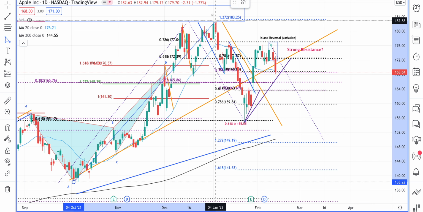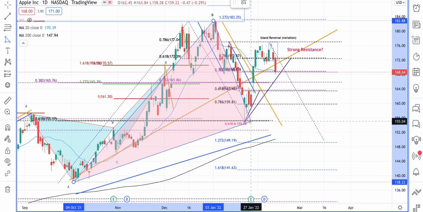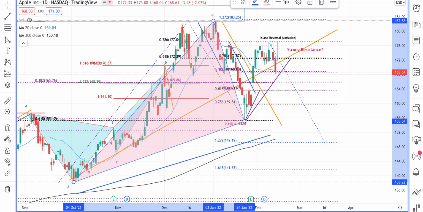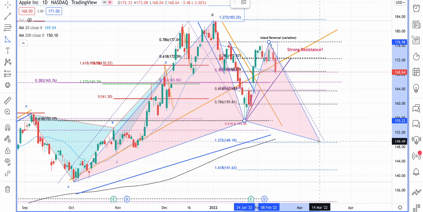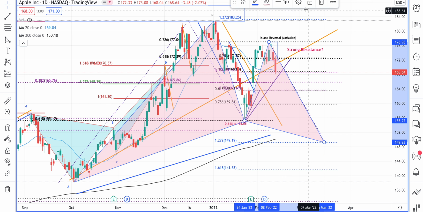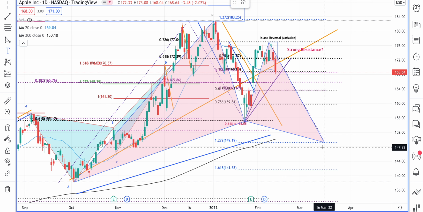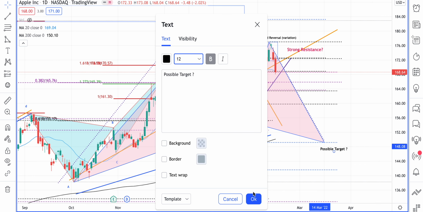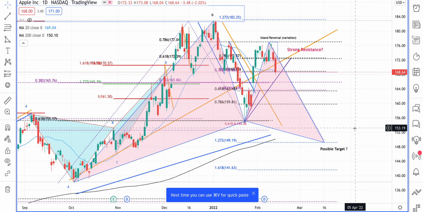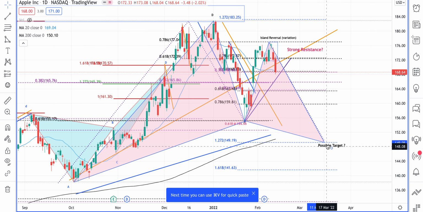Let's just try to shade this area, because visually it's a little bit easier to see. And we can just type here, possible target. Let's make it a little bit bigger. So here, there we go.